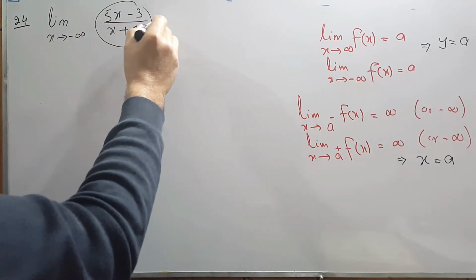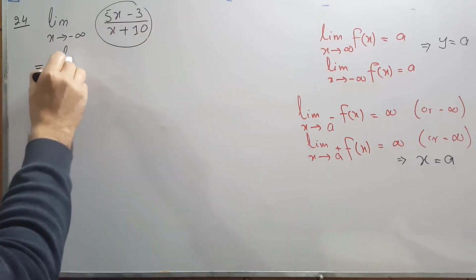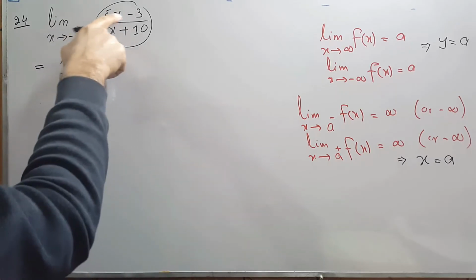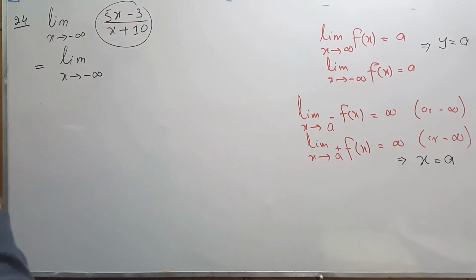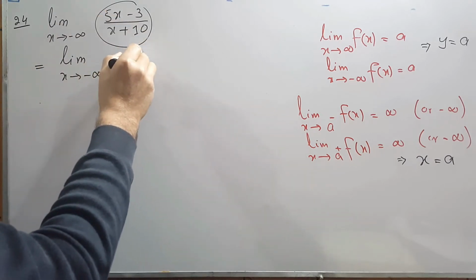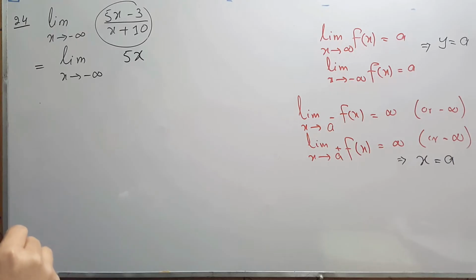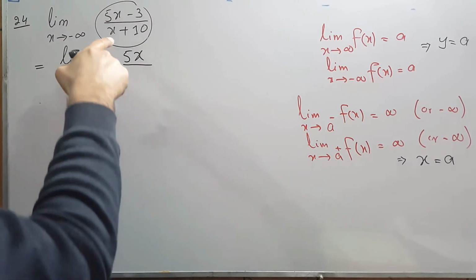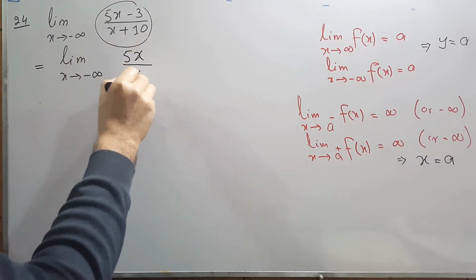So you can write this down in this format: limit x approaches minus infinity of 5x minus 3 over x plus 10. The highest power of x here is 5x, and we remove the 3, and in the denominator the highest is x, plus 10, so you have only x here.